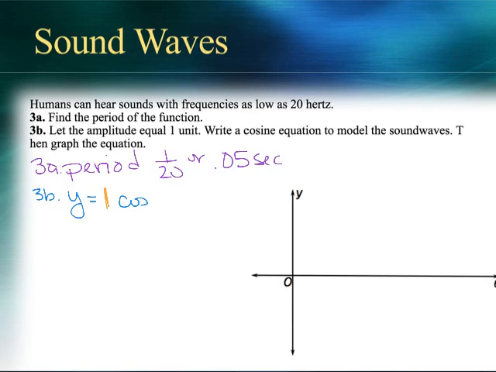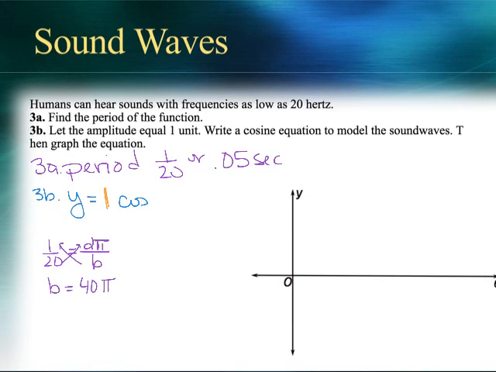And then for our period, we take the 1/20th and we convert it to find our B value. So we know that the B value is missing. Well, we have an equation that allows us to find our period is equal to 2 pi over B. So then when we cross multiply and solve for B, we end up that B is 40 pi.